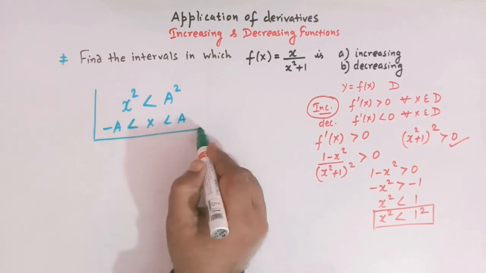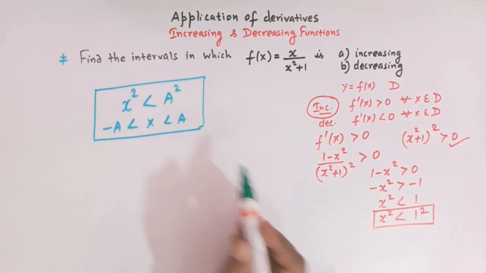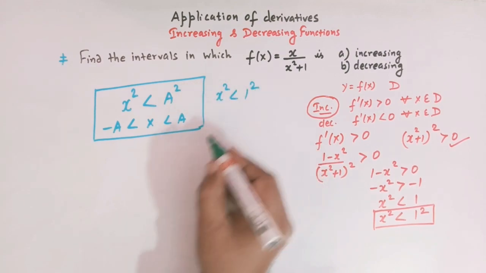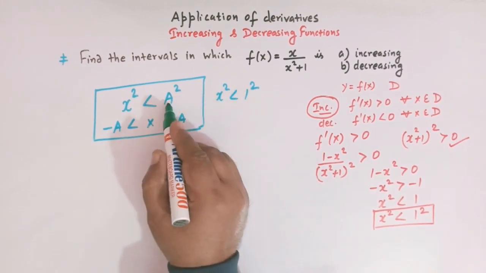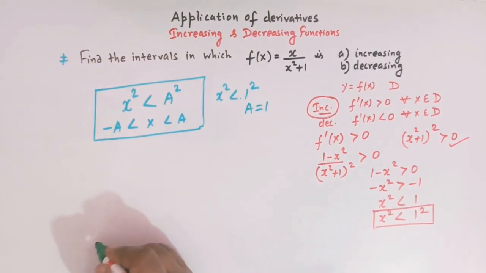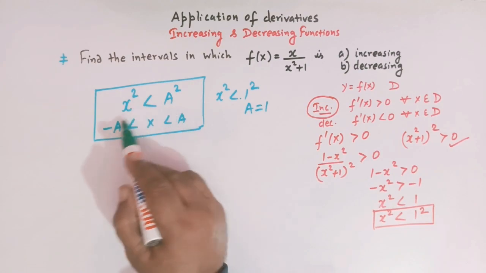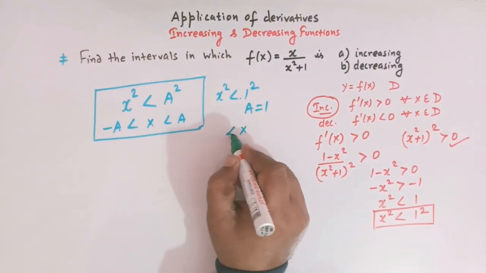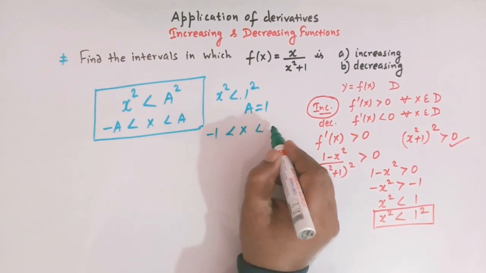So here we have this result, and we have x square less than 1 square. So if we compare these two, then the value of a is 1.